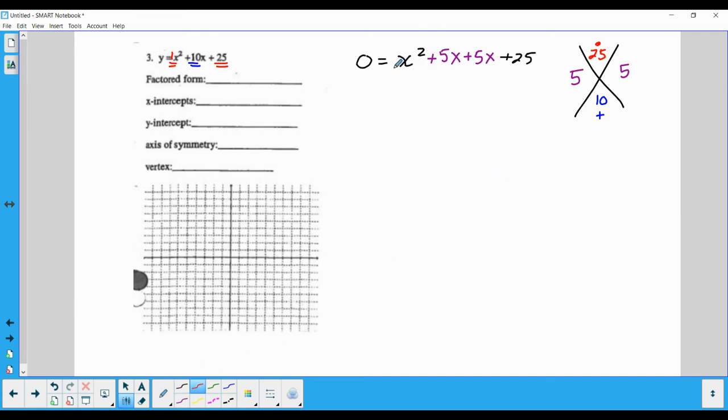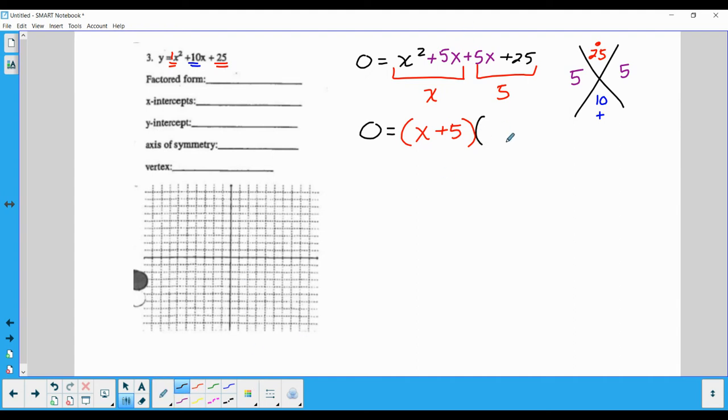So now we're going to group the two portions of the equation together and find each group's GCF. The GCF of this first group is x, and the GCF of the second group is 5. So one of my binomials, or one of my factors, is going to be x plus 5, just combining those two GCFs together.